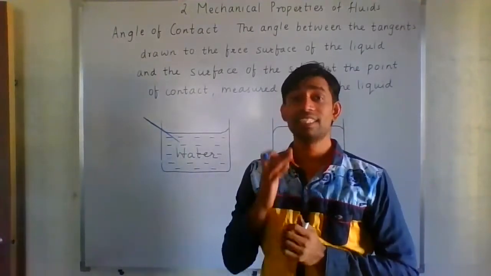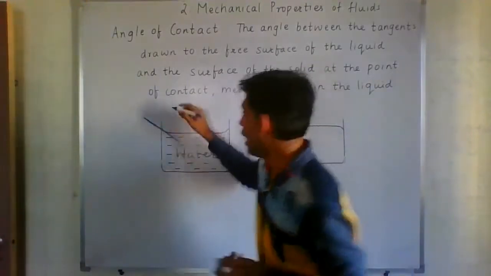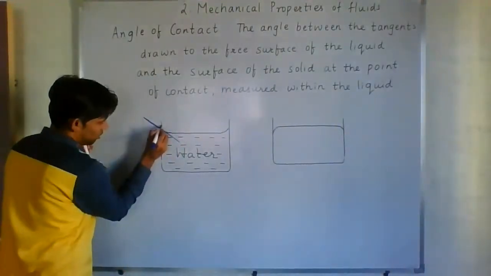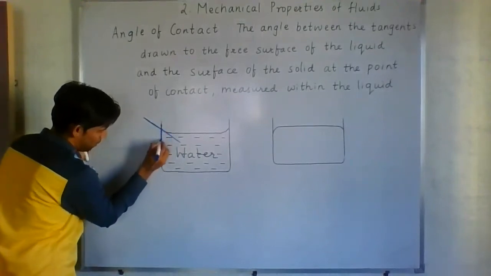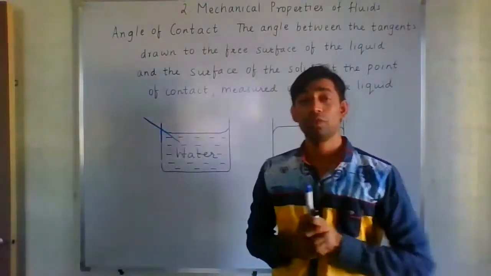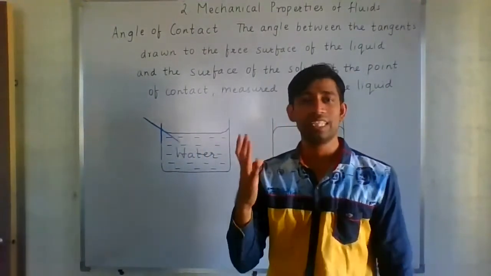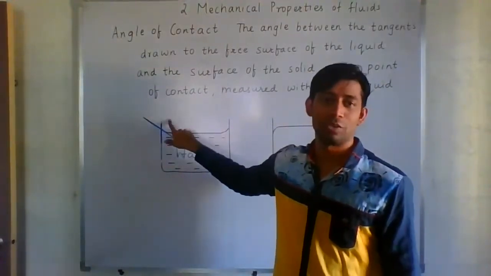Second line is the surface of the solid. So this is our solid part. I'll be drawing this line. This is the surface of the solid. So we got two lines, correct? Now we are supposed to find the angle. Four angles you can see. 1, 2, 3, and here also 4.